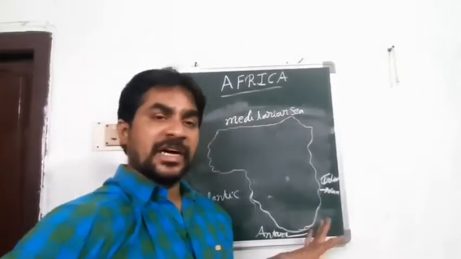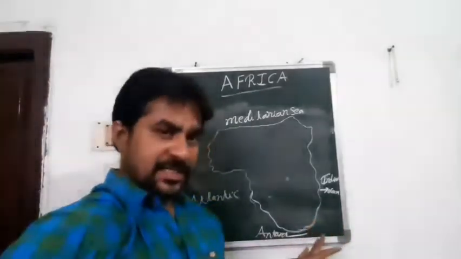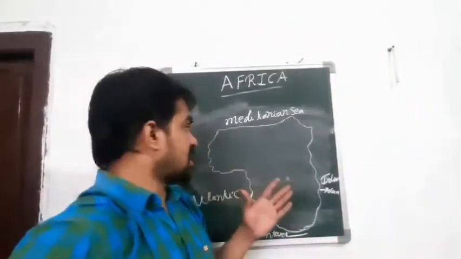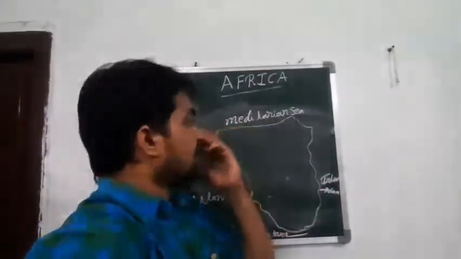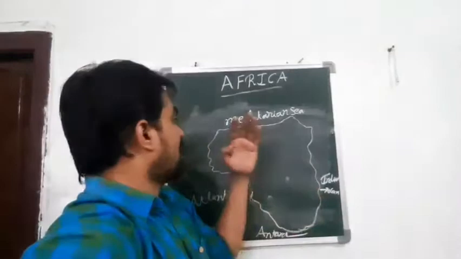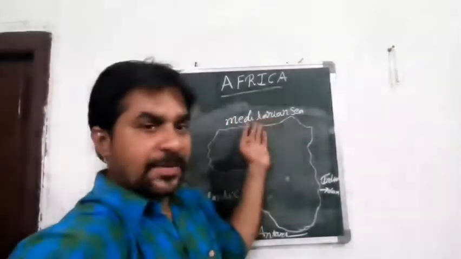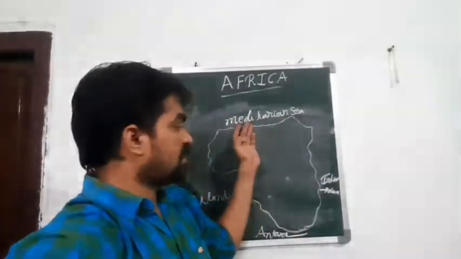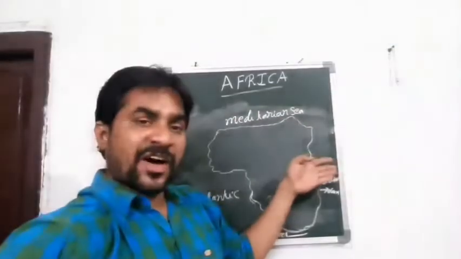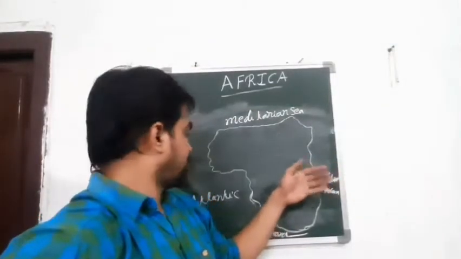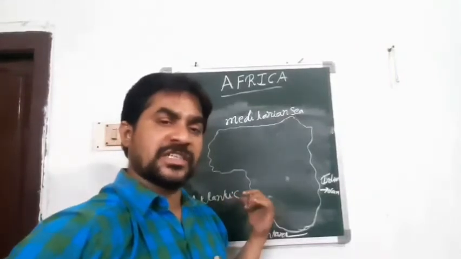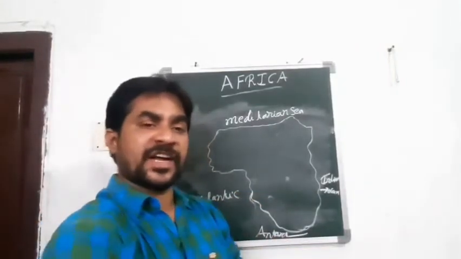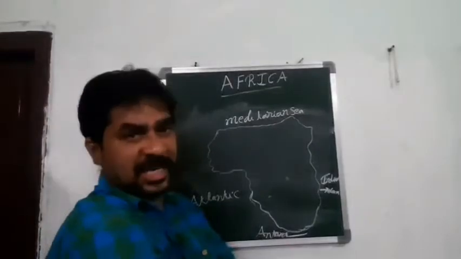Later they transferred to other areas. Then if you observe the physical division of the African continent and the location of Africa, the northern side of Africa has the Mediterranean Sea, the eastern side has the Indian Ocean, the western side has the Atlantic Ocean, and the southern side has the Antarctic Ocean.